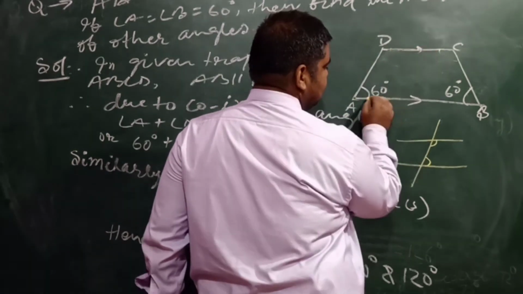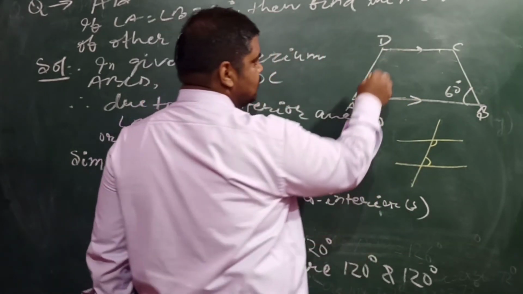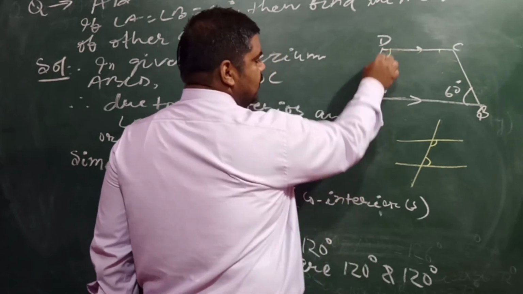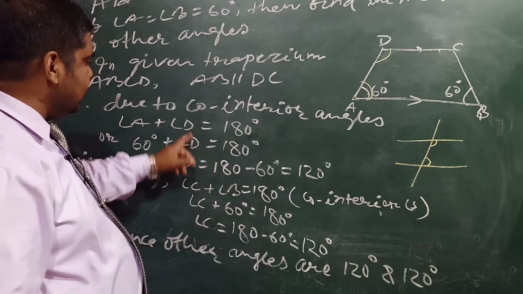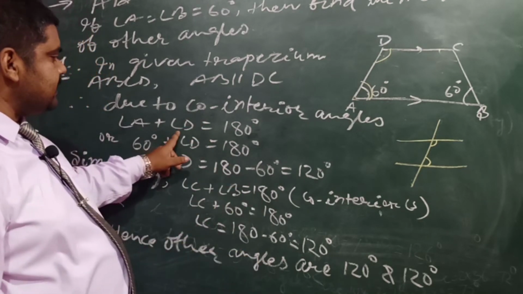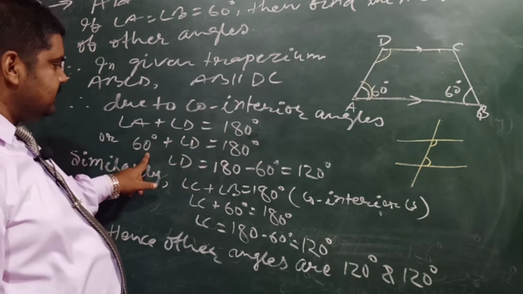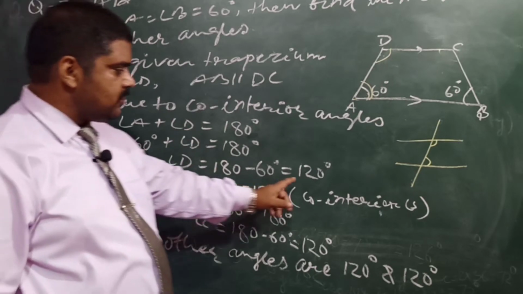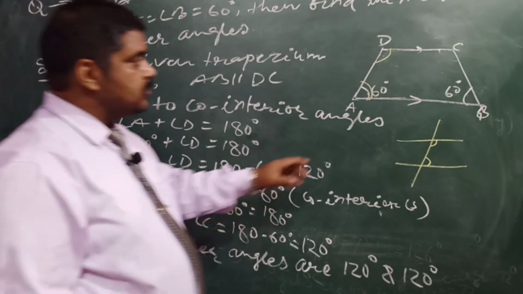These two lines are parallel, and this is why the sum of this angle and this angle must be equal to 180 degrees due to co-interior angles. So angle A plus angle D is equal to 180 degrees. The value of A has been given as 60 degrees, and when you solve, D is equal to 120 degrees. Here you have two options.